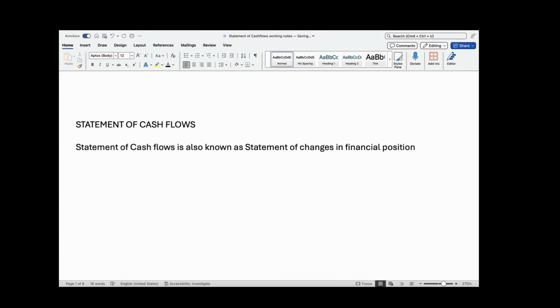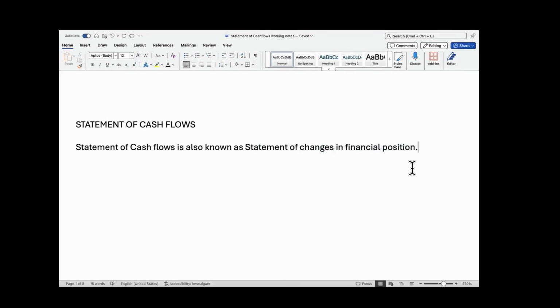And you're going to understand this very soon, because when you want to capture cash flows, we would usually look at movement in assets, movement in liabilities and equity. That movement represents cash flows. That's why they call it statement of changes in financial position.